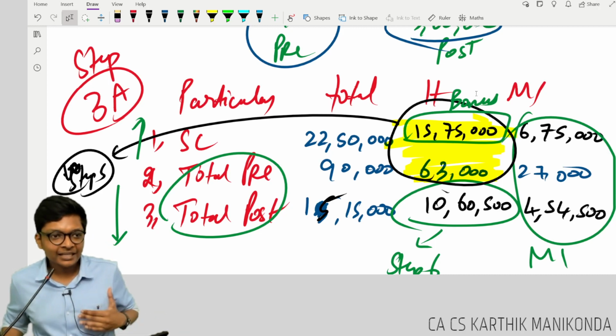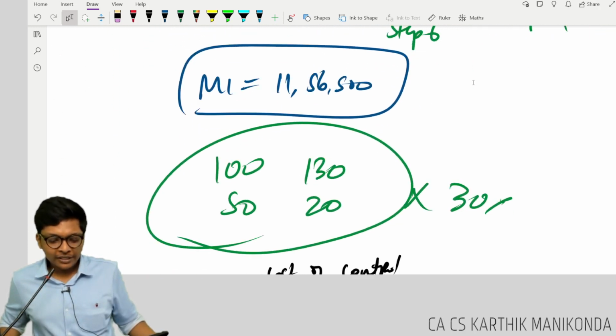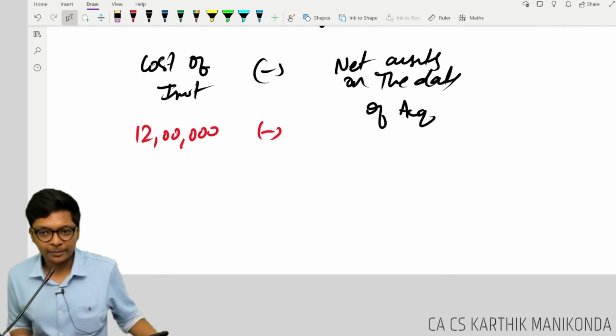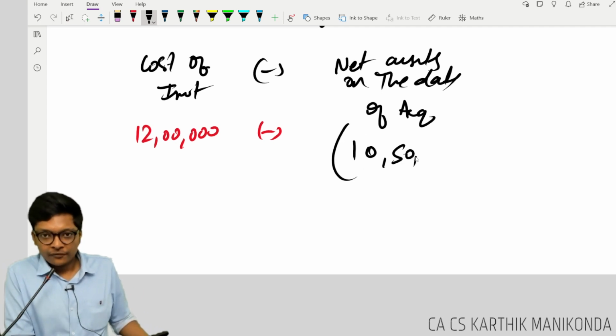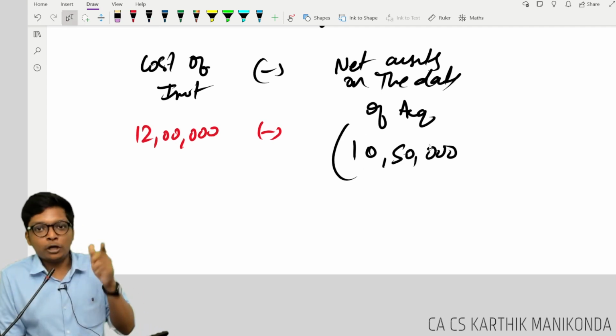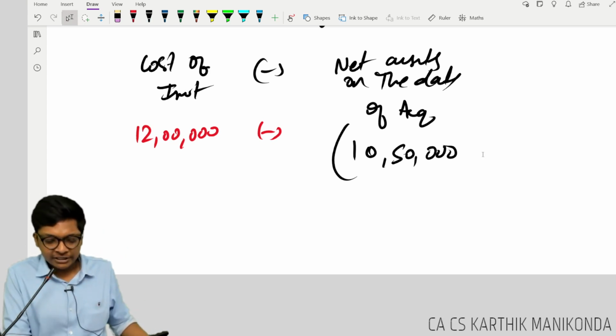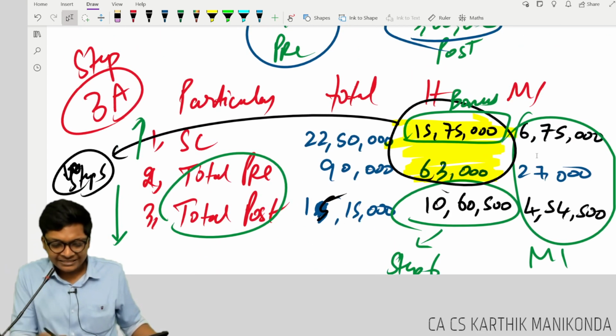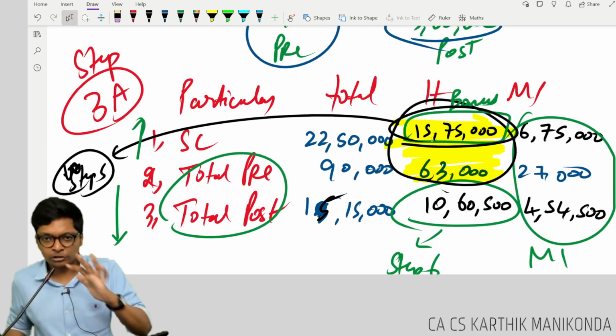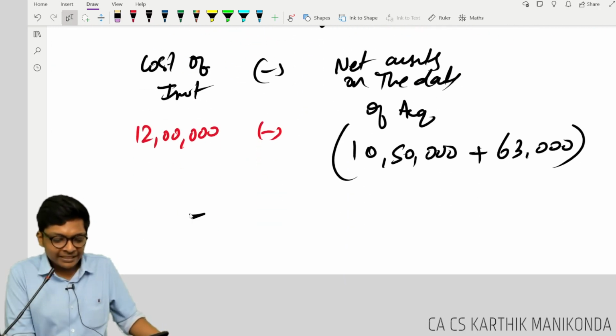It's after I acquired. So if I don't take that, what happens? If you don't take it, let me take the same 10 lakh 50, because that only is the share capital on the date of acquisition, plus 63,000, which is pre. That means I am not considering the bonus effect, to show you what will happen. That's not the answer. Okay. Now how much are you getting as the answer?